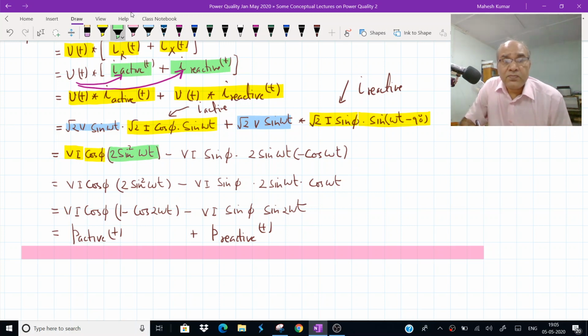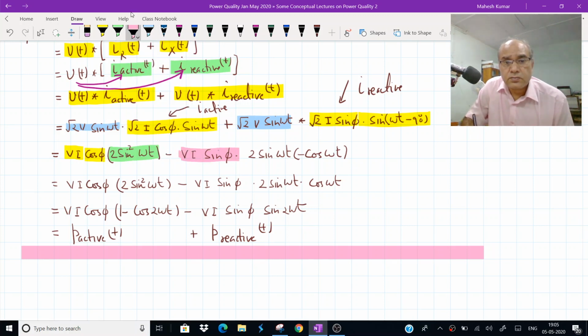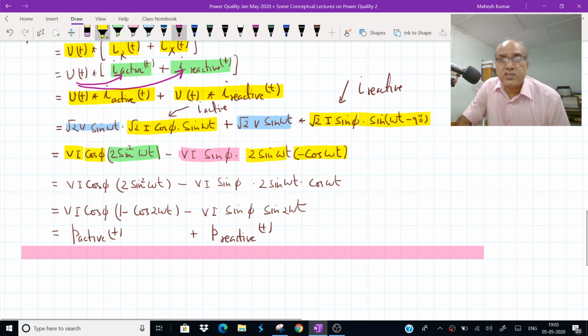The second term, which is formed from the reactive component of current, is equal to minus VI sin phi into 2 sin omega t times minus cos omega t, because sin(omega t minus 90 degree) becomes minus cos omega t.